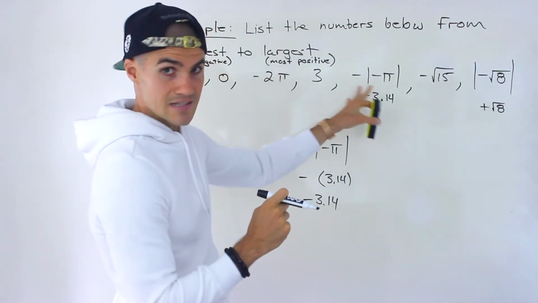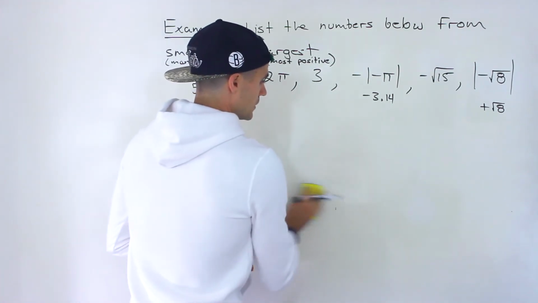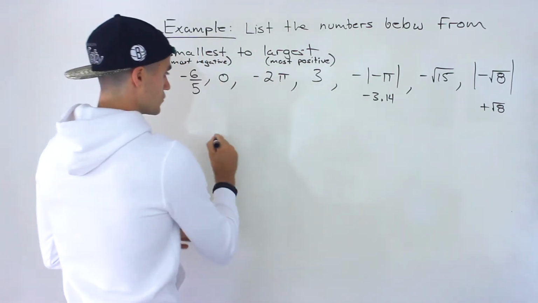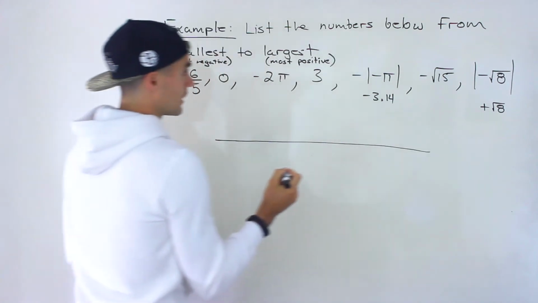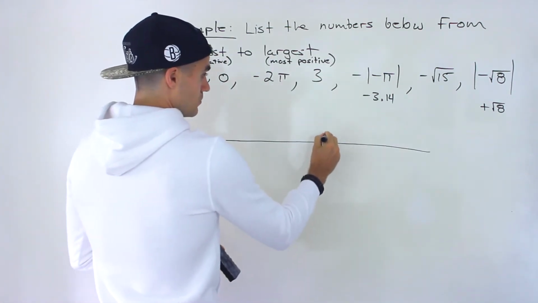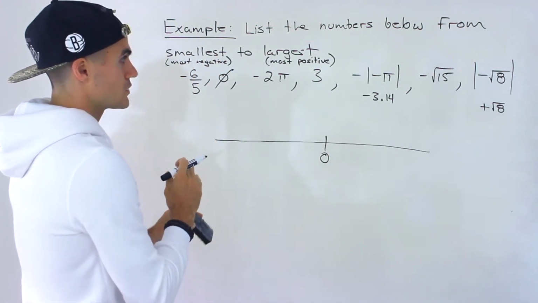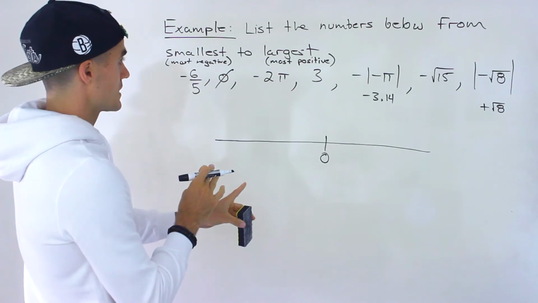So sometimes when you have these absolute values, you can simplify them first, and then it can become a little bit easier to put these on a number line. So notice that we have a 0 as well, so we'll put the 0 over here. And then we can try to put everything in relation to that 0.